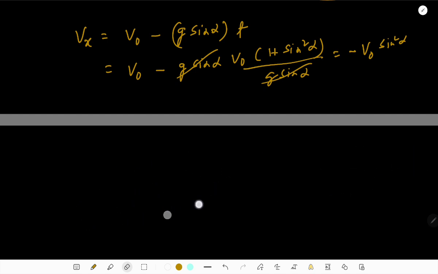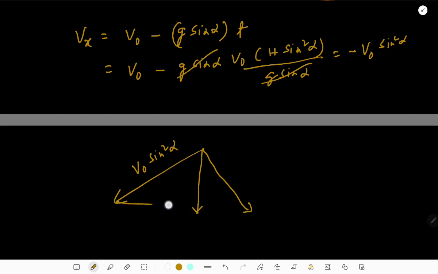Oh, what I was missing. I got the x component of the velocity as v naught sine square alpha. So it will have a velocity in this direction. And of course, this angle is alpha and this angle is pi by 2 minus alpha.